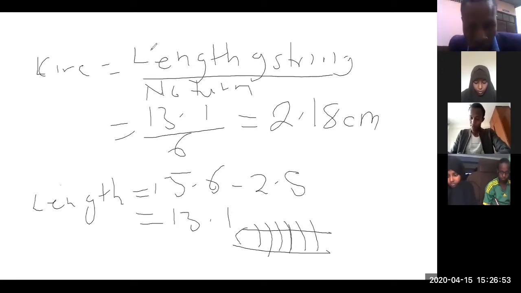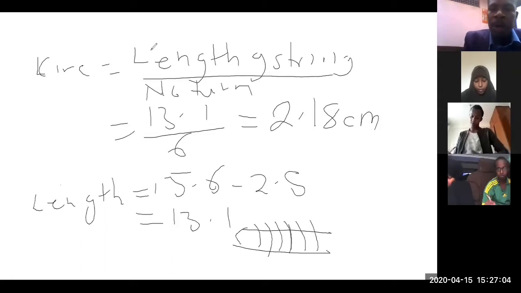Now this is a way of approximating the length of different objects. Sometimes these questions ask how you can measure the thickness of a piece of paper. In such a case, you take some papers, put them together to form a certain thickness, then measure this thickness from here up to there.